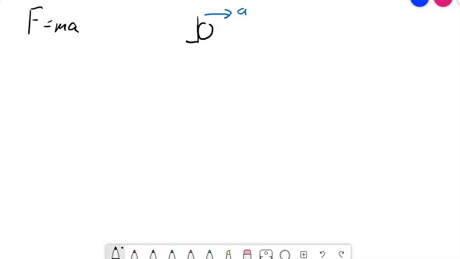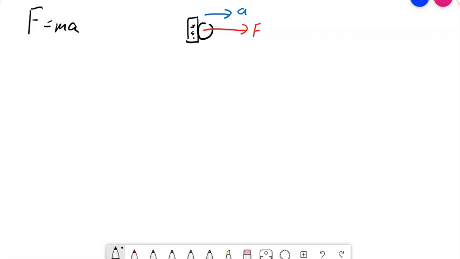So there's a little box, and the box is pushing against the ball. What is the magnitude of the force to provide the acceleration? So I need a force in this direction, which I will call F. What is the magnitude of that force? Well, we have F equals ma from Newton's second law.